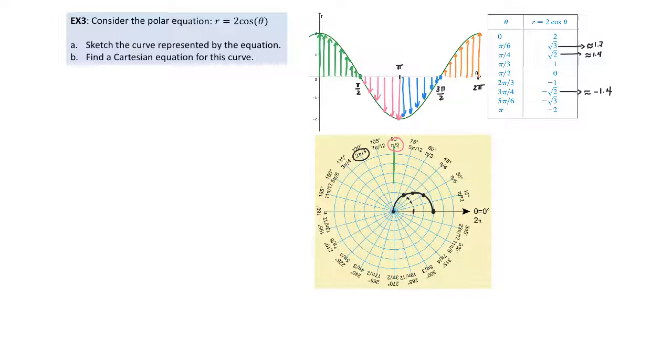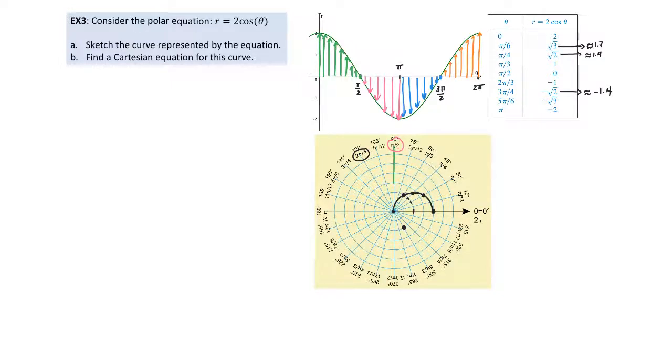But because r is negative, we're going to go directly in the opposite part. So right here, we're going to locate negative 1. Let's go ahead and do that. So this is going to be right here, negative 1. If you notice, it's directly across this one here.